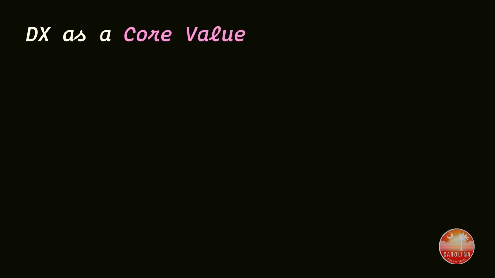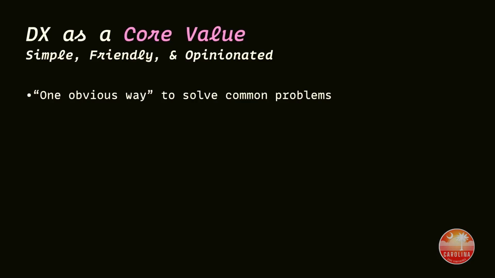I also want a strong emphasis on DX. I want it to be a core value of the language I'm working in. I want it to be simple, friendly, and opinionated, right? These are the lessons I took away from writing in languages like Go and Lua. I want there to be one obvious way to solve common problems. Don't make me go searching through the docs for how to use some syntax.